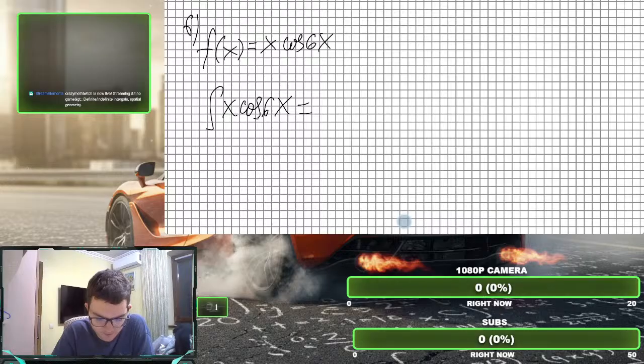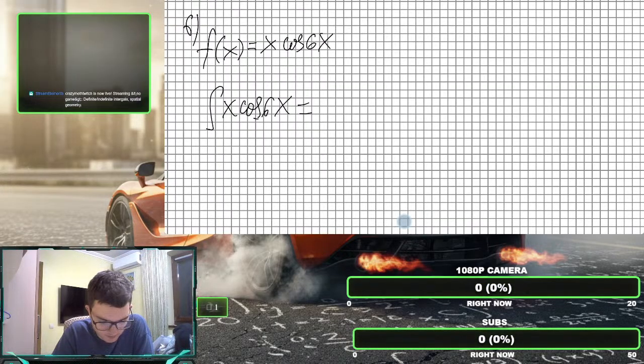Well, firstly, you see that there's an x times something, so here I think I must apply integration by parts, which is actually genius. So first what will I take?